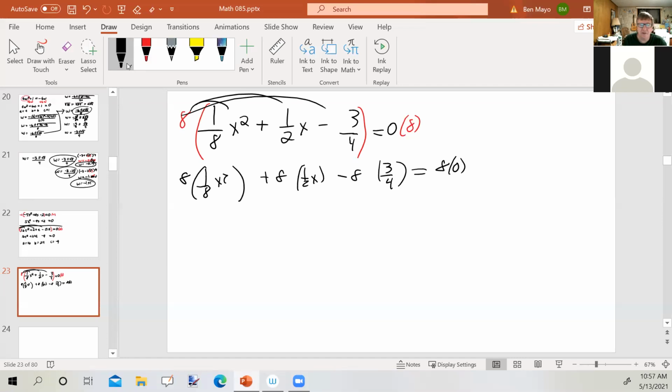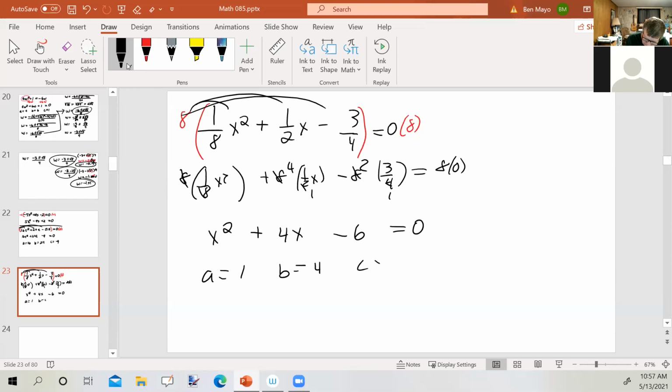Going across and simplifying each product, the 8's reduce down to 1/1, and we end up with 1x squared plus the 8/2 is 4/1, so plus 4x, and the 8/4 is 2/1, minus 6 equals 0. So now A is 1, B is 4, and C is negative 6. Much easier to deal with than the fractions.